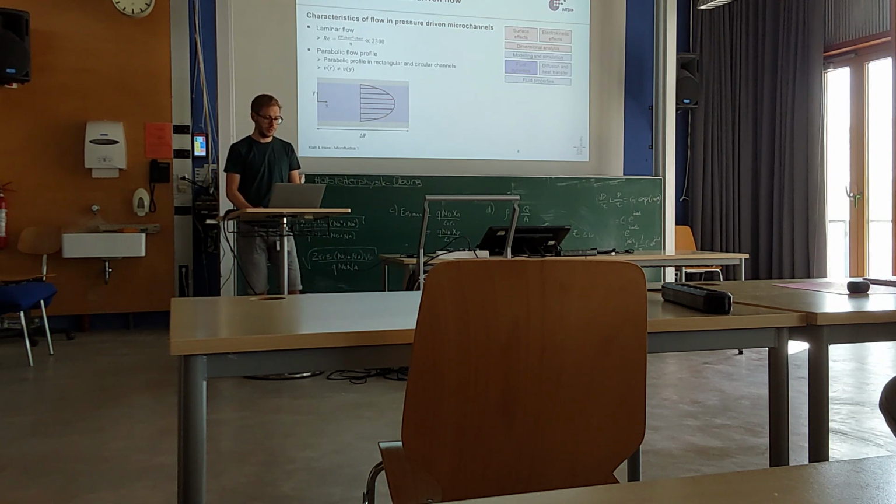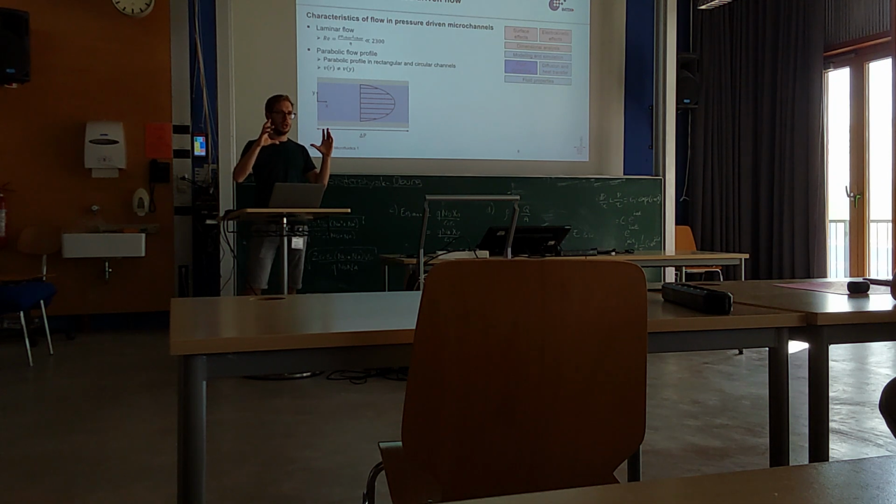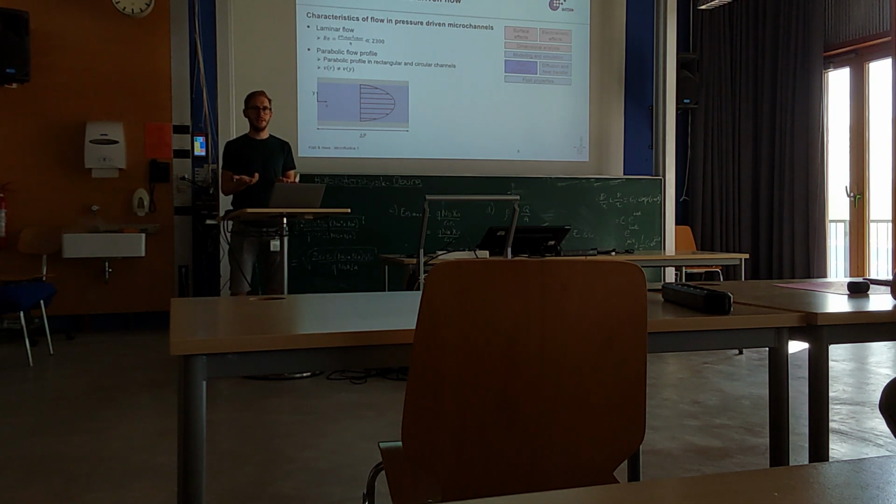also called Hagen-Poiseuille flow. And just a quick reminder, it looks the same for all kinds of geometries, but of course the velocity is not the same if you use a rectangular or a circular channel, for example. So we were mostly talking about pipes in fluid dynamics in the basic courses, and now we're also talking about rectangular channels because those are way easier to manufacture.